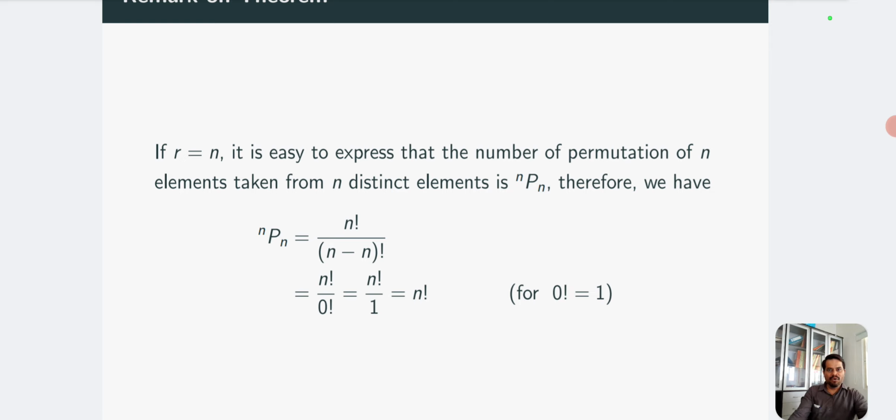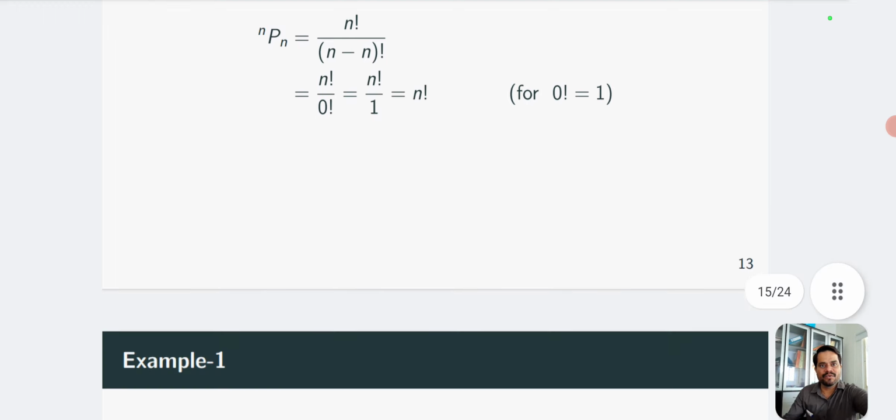Therefore, by the previous result, nPn is equal to n factorial upon n minus n factorial, which is n factorial upon 0 factorial, and you know the value of 0 factorial is 1, and that's why nPn is n factorial. So this is the remark if you take r equal to n.